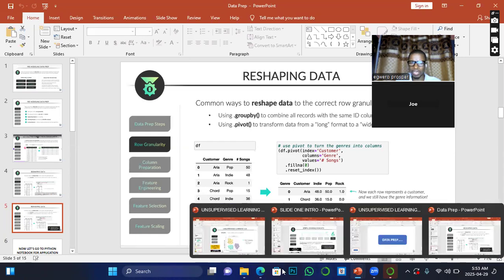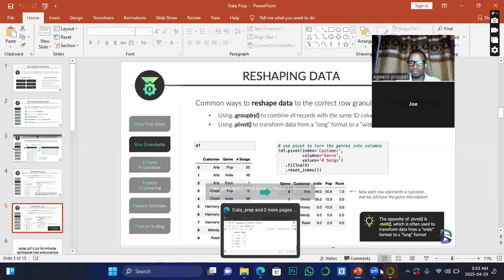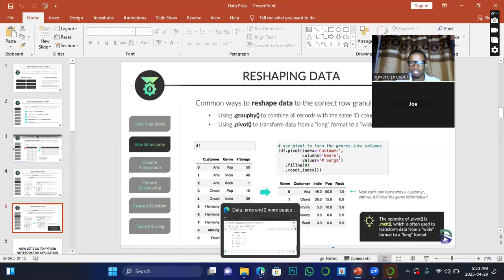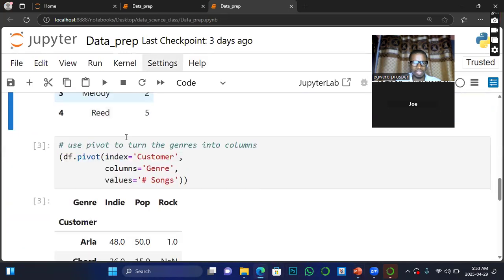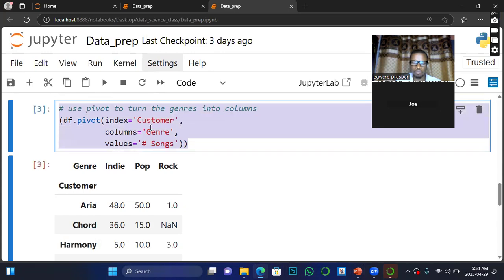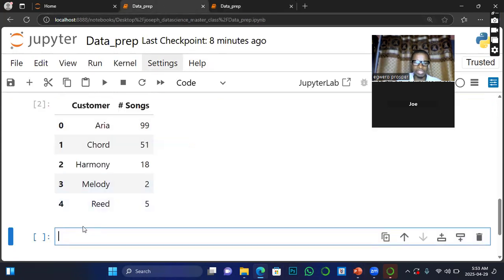So let me show you where I applied that option in that prepared cell. This is where I applied the .pivot. It's the same result we are going to get. So it's left for you to consider whether you want to achieve it with .groupby or with .pivot.